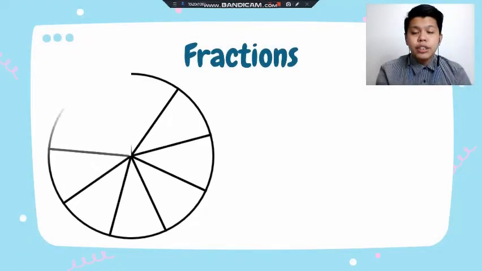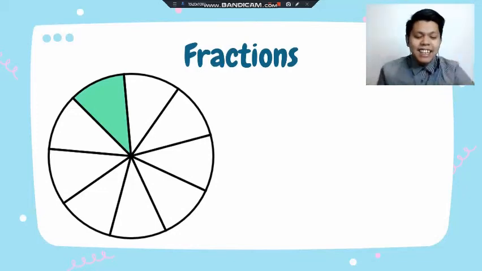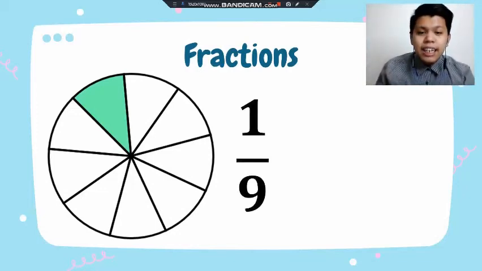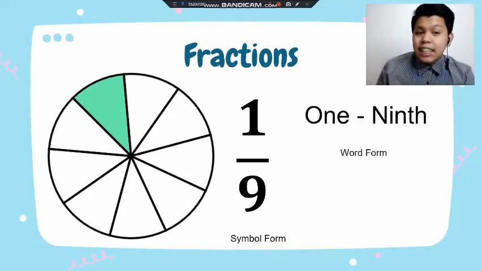Let's go with the next one. Next is, of course, our 9th. So that is 1/9 symbol form. Now remember, in ninth there is no letter E anymore. There is no letter E anymore.